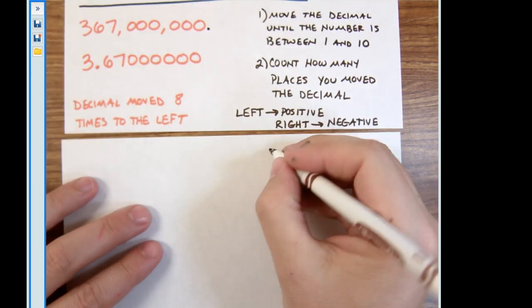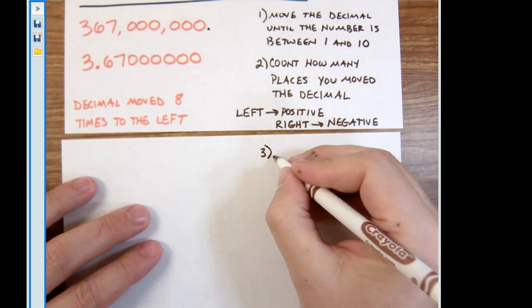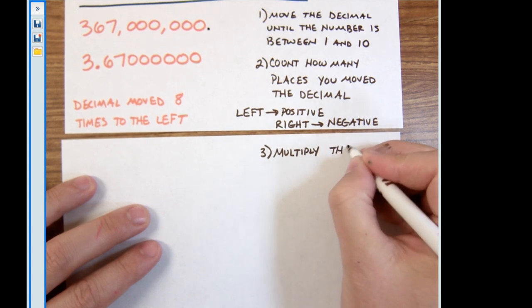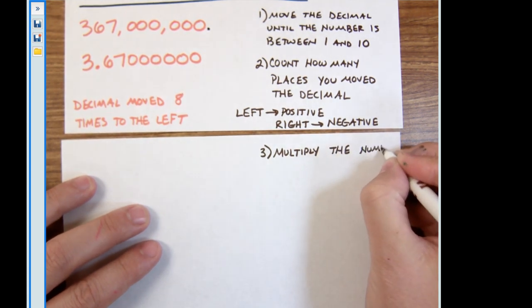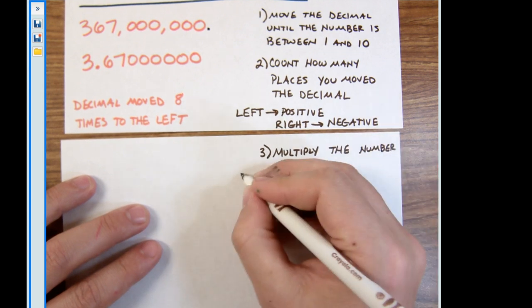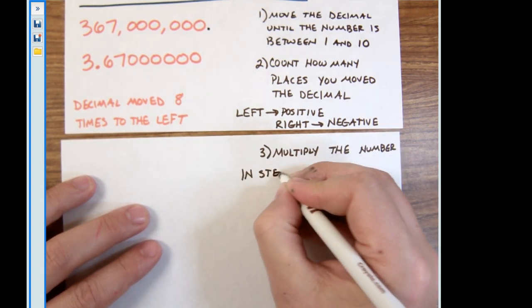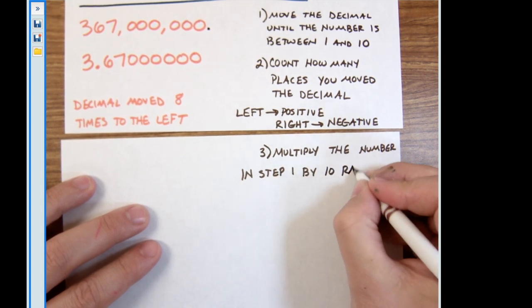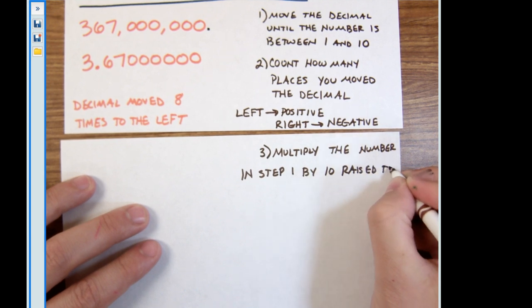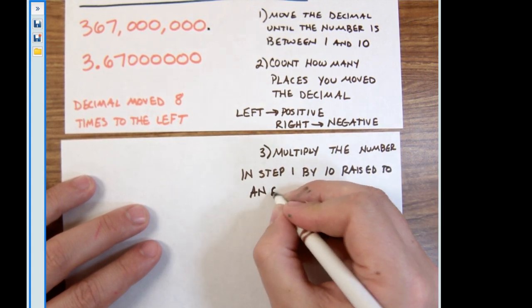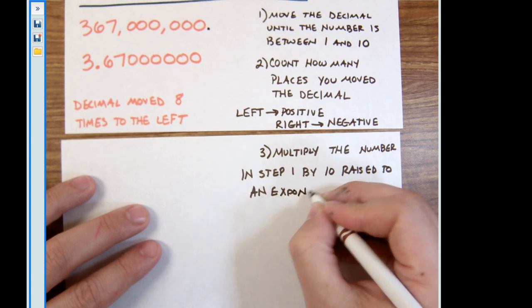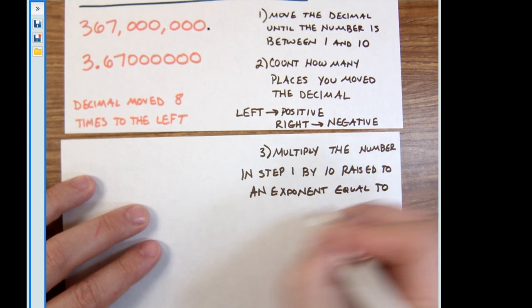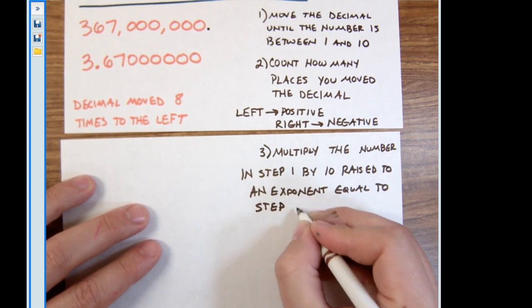Step 3, multiply the number in step 1 by 10 raised to an exponent equal to step 2.